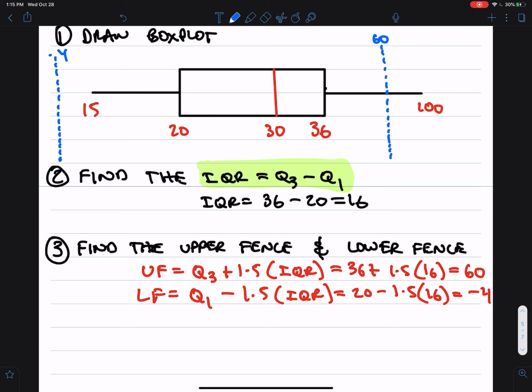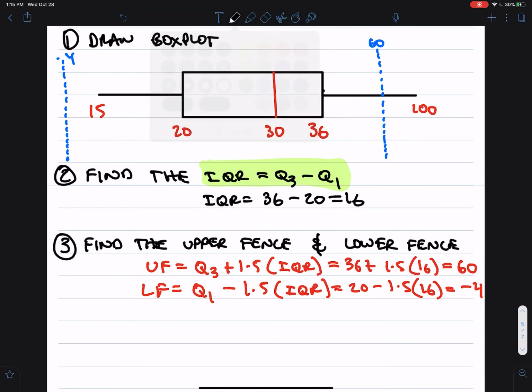Now, this is going to help us for number 4. Number 4, I'm going to ask you, are there any outliers?